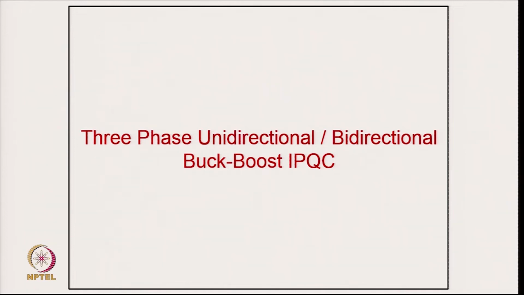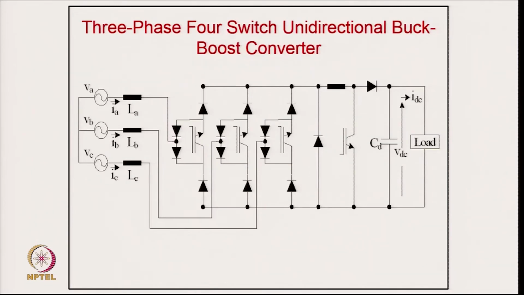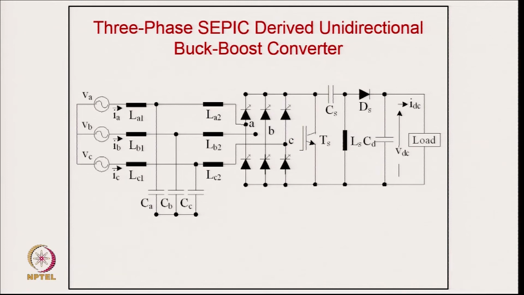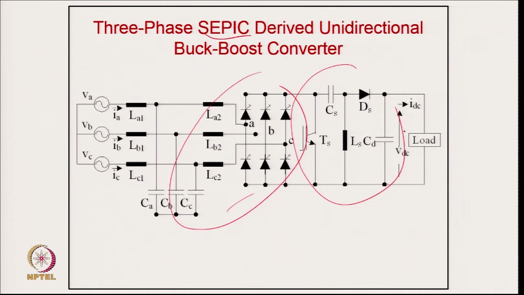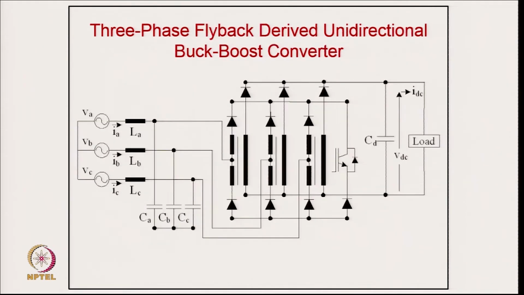Now, coming to the 3 phase unidirectional and bidirectional buck boost converters, this is the buck operation followed by the boost operation for the buck boost unidirectional converter. Then this is a simple current source converter with LC filter, and then you have the Cuk converter and the SEPIC converter, which can give buck boost operation also.